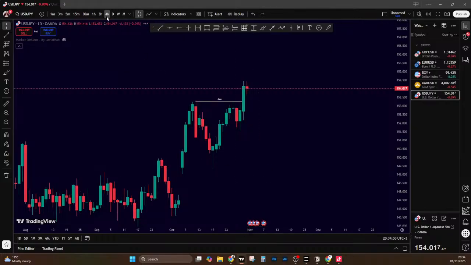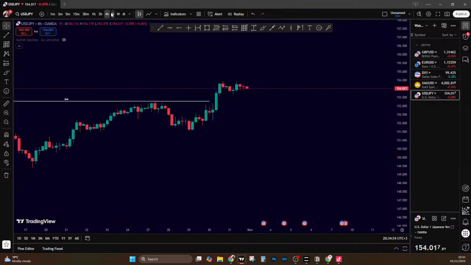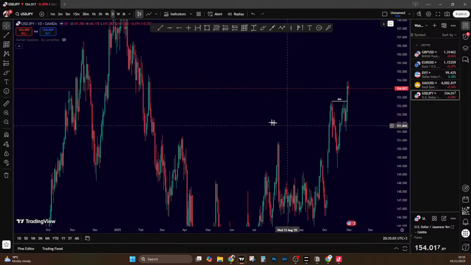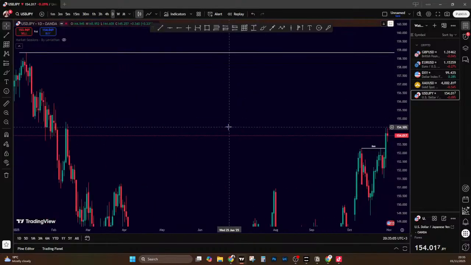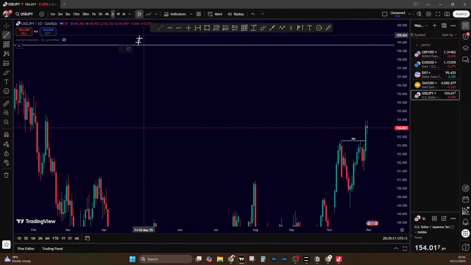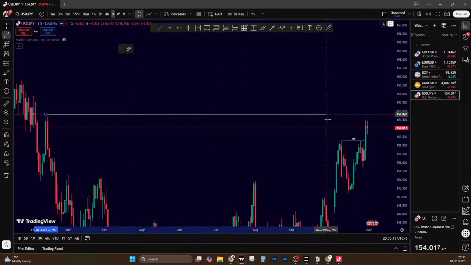But let's see if we can see anything. The market last week closed with a bearish candle. This signifies that the market might want to sell, but I cannot sell this market until it takes out this liquidity here.